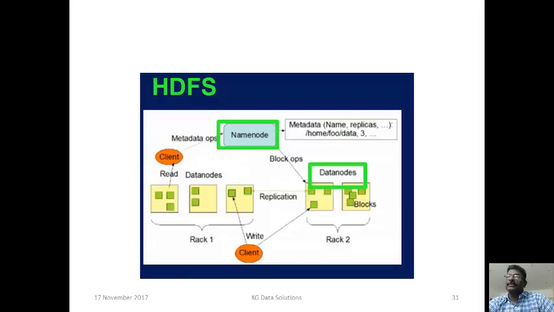It will go to the name node and see where my data is stored. It is in the metadata, so it will indicate it is stored in rack 2 block 3. Then the Java process, or the MapReduce process, will go to rack 2 and fetch the block, and that is retrieval.